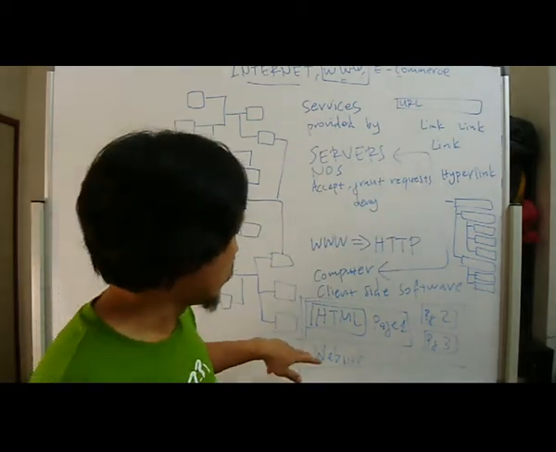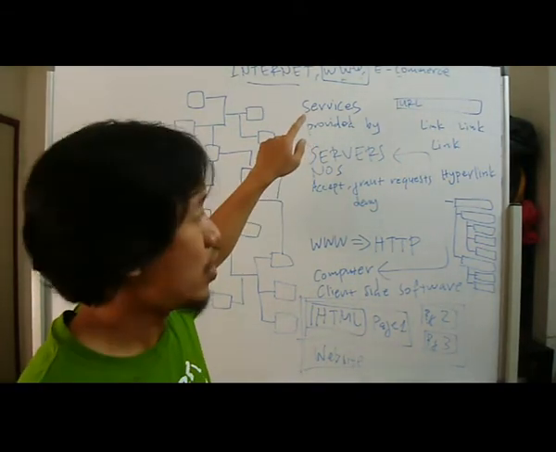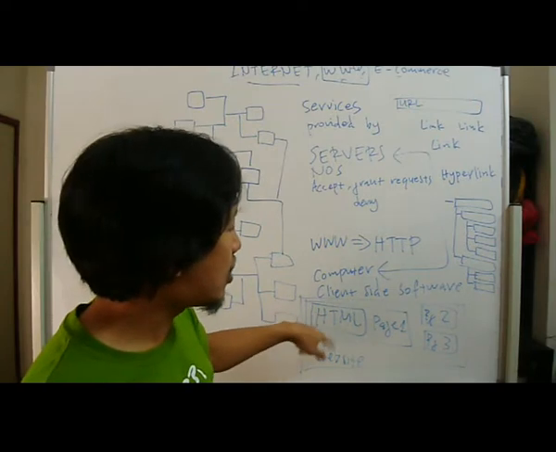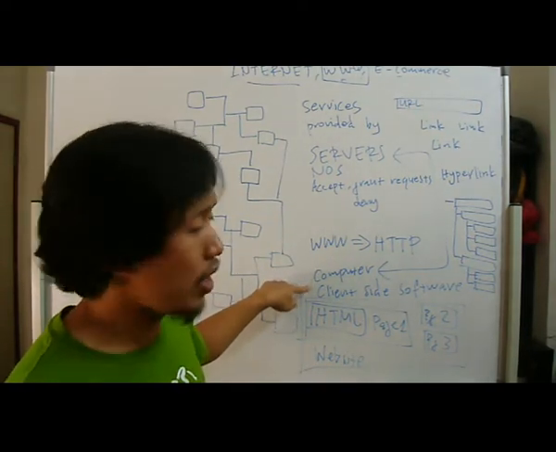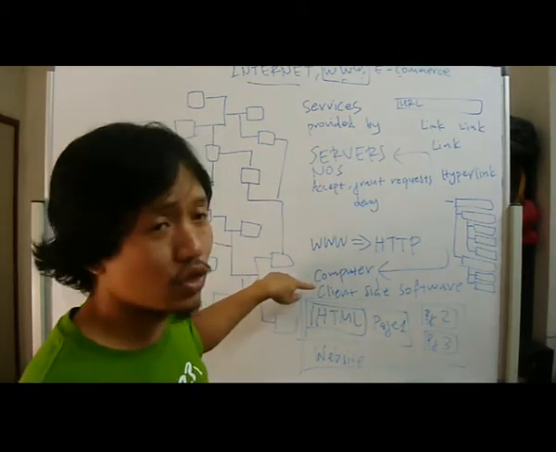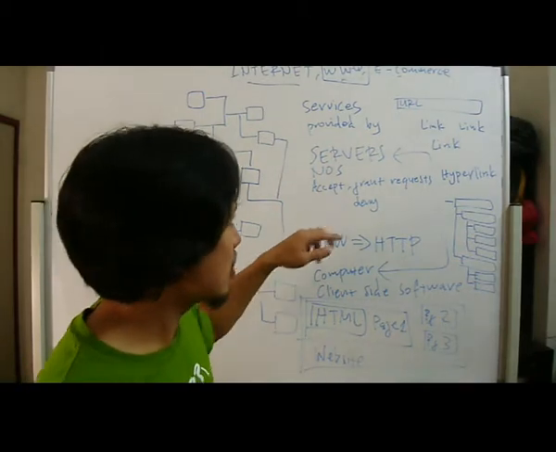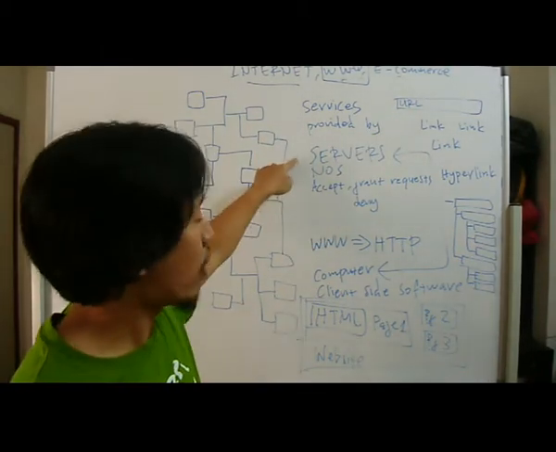Now, this website will be hosted on a web server, and you access these files by using client-side software, meaning your computer will communicate with the web server using client-side software to be able to access resources on a website within a web server.